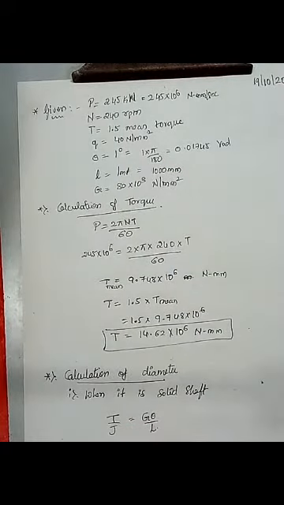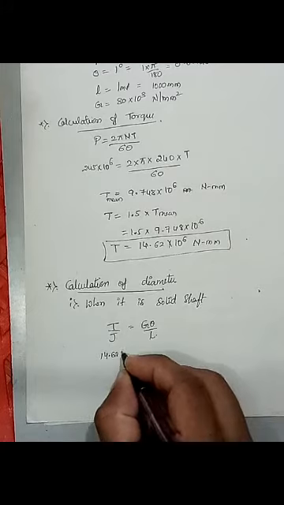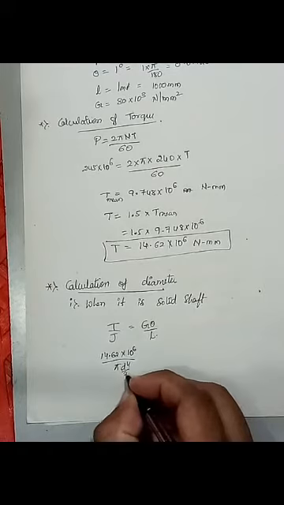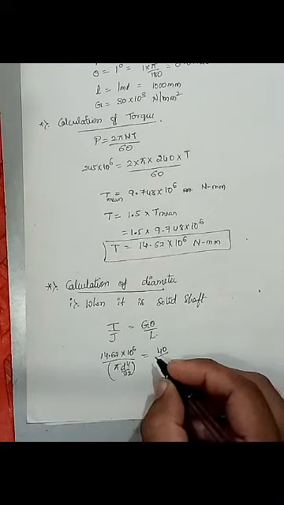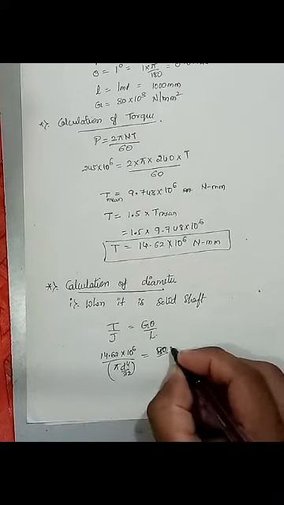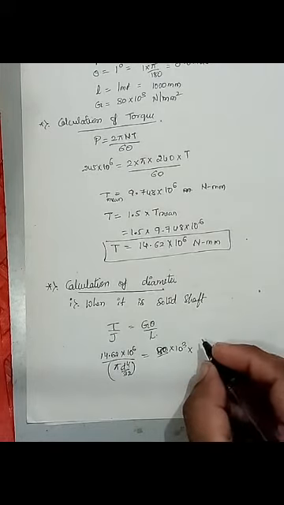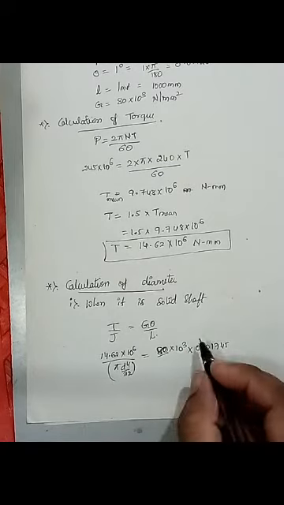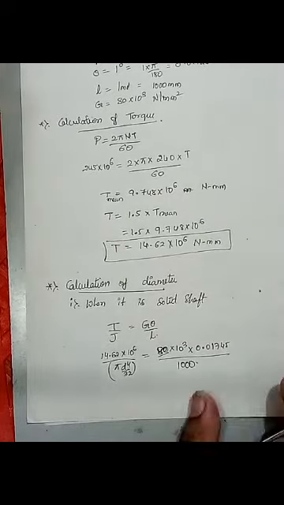Then T by J equals q by R. So now 14.62 into 10 to the power of 6, J is pi d raised to 4 by 32, equals 80 into 10 to the power of 3, because it is kilonewton and in terms of Newton I have converted it already in the given data, times 1.754, that's nothing but your theta value, divided by L. L is 1000.